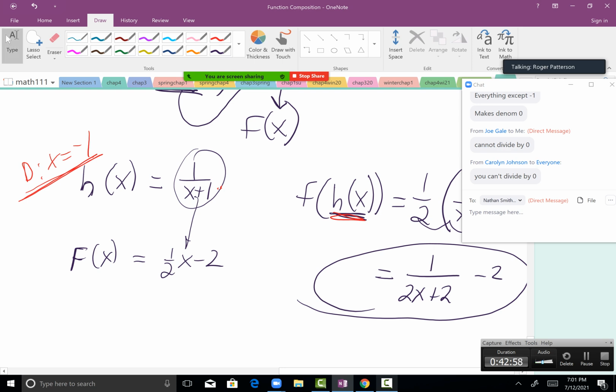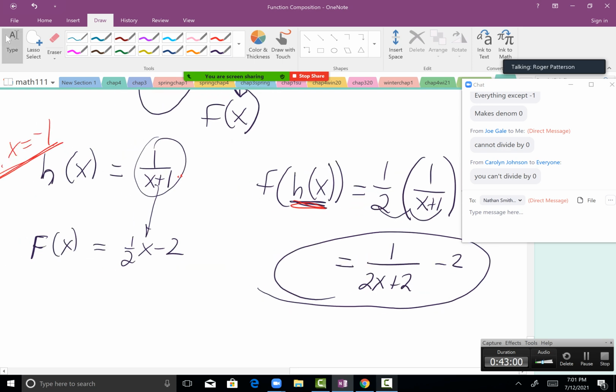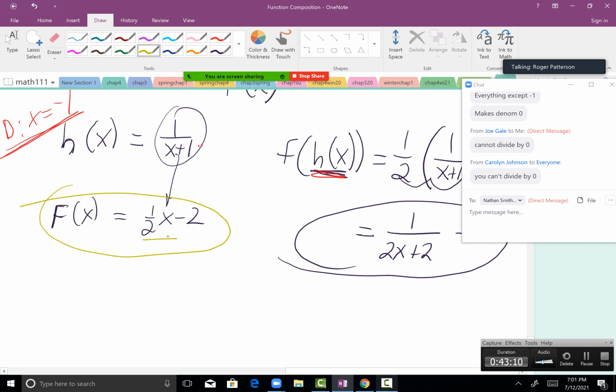All right? Now, the next thing I do is I check this function, because that's what the h is getting substituted into. And now I got to ask, hey, that is a 1/2 x minus 2. What's the domain of that?